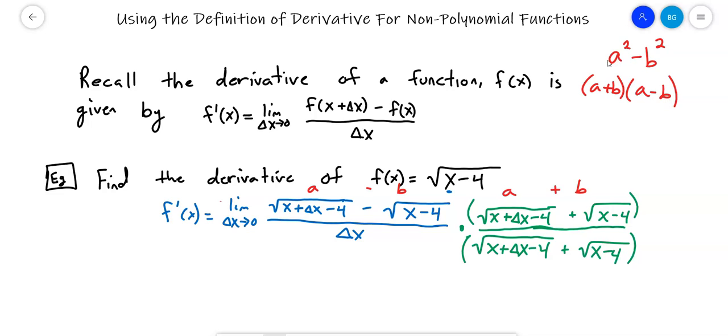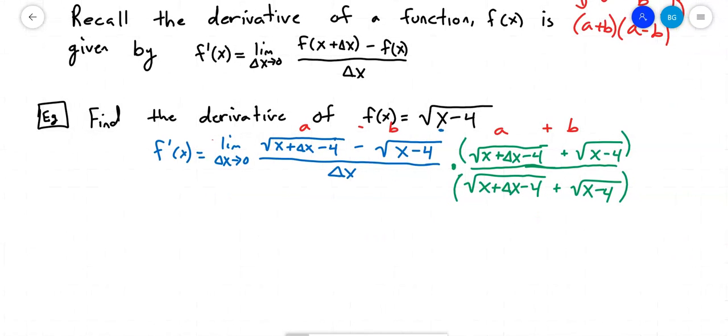Instead of taking the expression and factoring it, we have a factored expression, and we're going to put it back into this form here. So essentially I'm going to end up with a squared minus b squared. And so let's see here. We'll have the limit as delta x goes to 0.